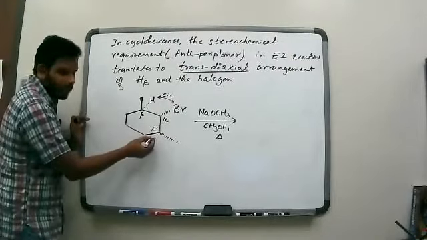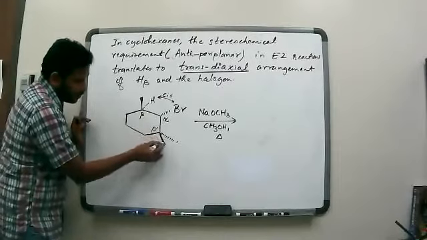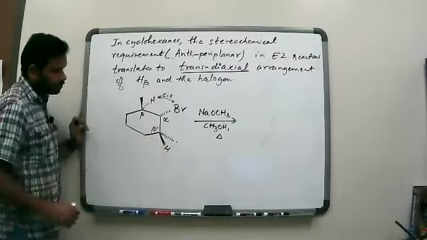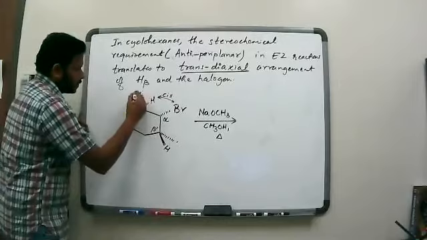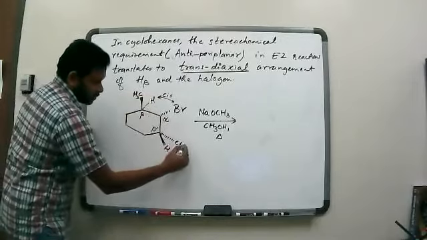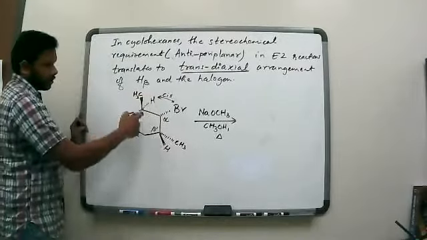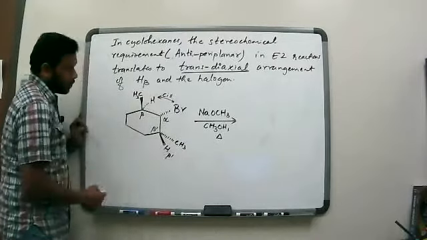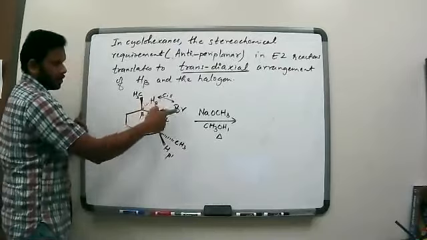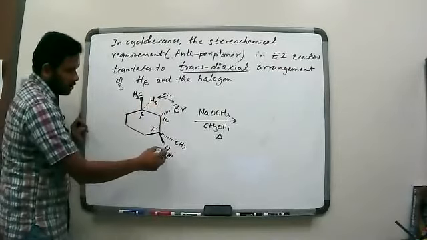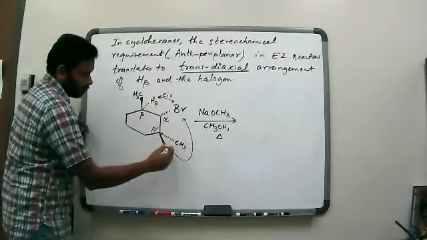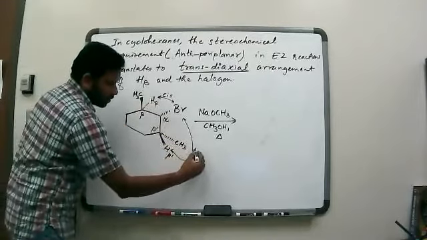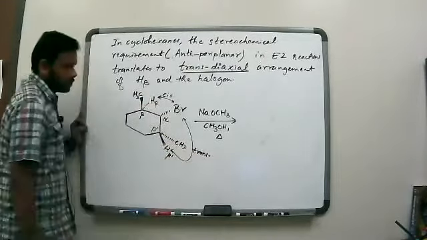Now in beta prime, there is a hydrogen which is on a wedge. Okay, so this is a methyl group. Again, to remove any confusion, that's a methyl group, this is a methyl group. So what you notice is H beta prime, and this is H beta, that is cis, but H beta prime and the bromine, these are trans to each other.